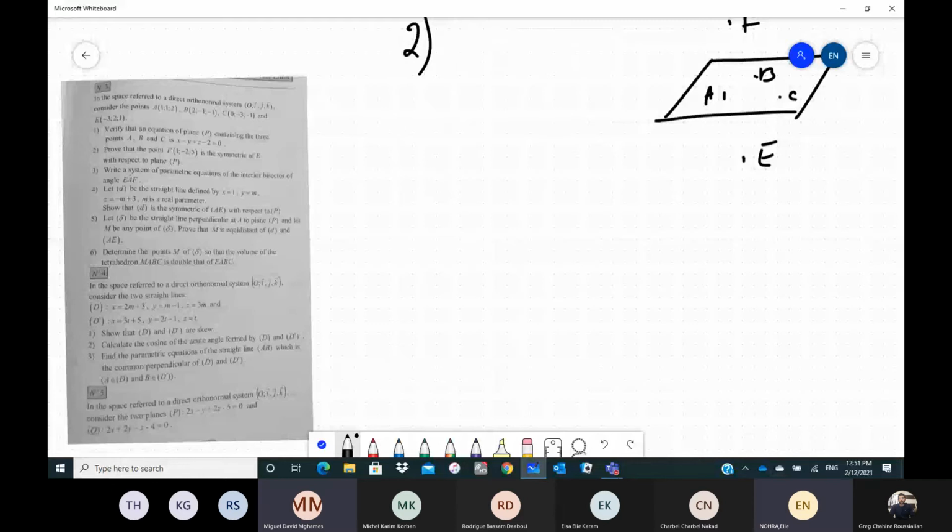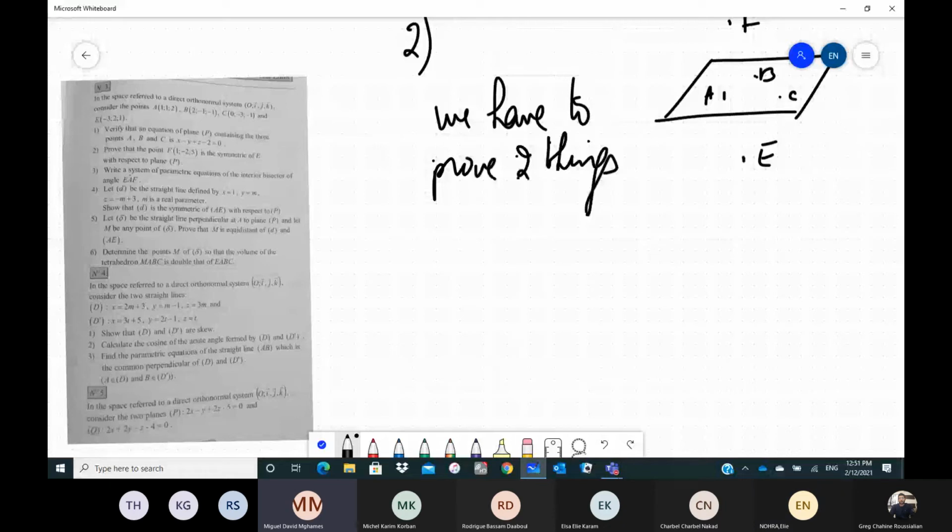Okay, we should prove that the midpoint belongs to the plane and 100% and FE are perpendicular to the plane.